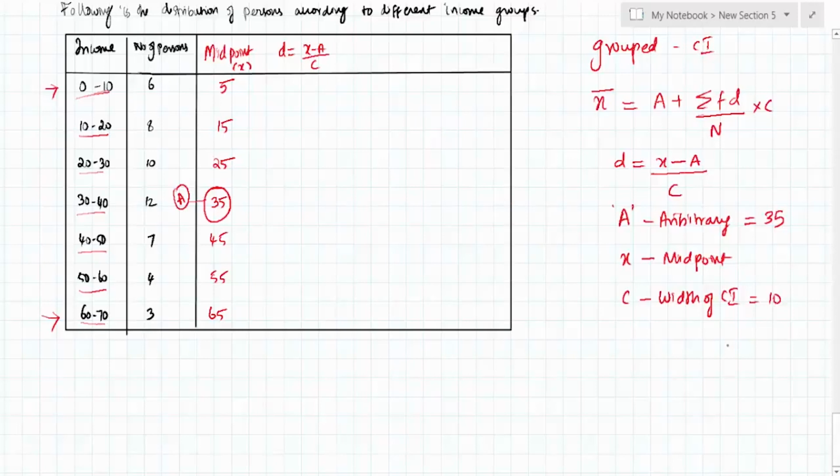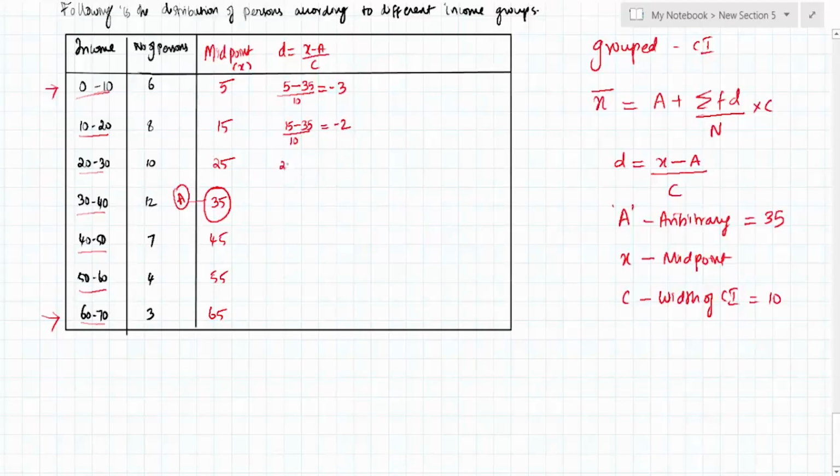So here what you have to do is you have to take x, which is 5 minus 35 divided by 10. So 5 minus 35 is minus 30. Minus 30 divided by 10 is equal to minus 3. So that is your D for the first group. Then for the second group, it is 15 minus 35 divided by 10, that is minus 20 by 10, so it is minus 2.